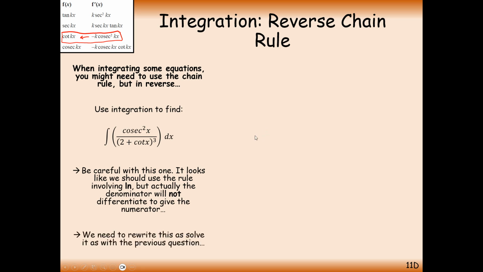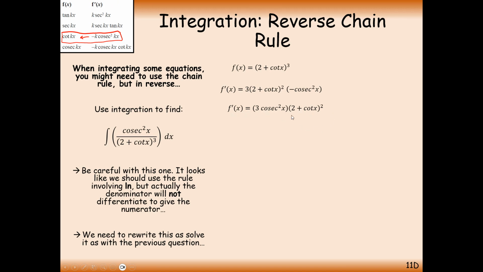Okay, but actually, if we think that this is f dash of x on top of f of x, that's not correct, because the derivative of cot x plus 2 raised to the power 3 wouldn't have been as such. The derivative of cot x plus 2 raised to the power 3 is 3 times 2 plus cot x squared times minus cosec squared.